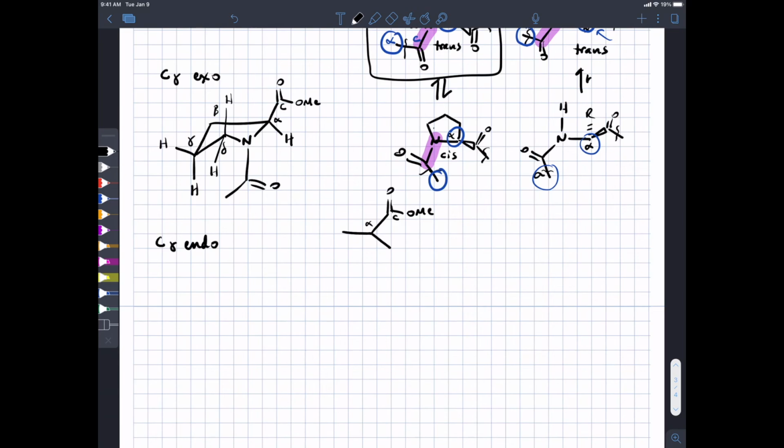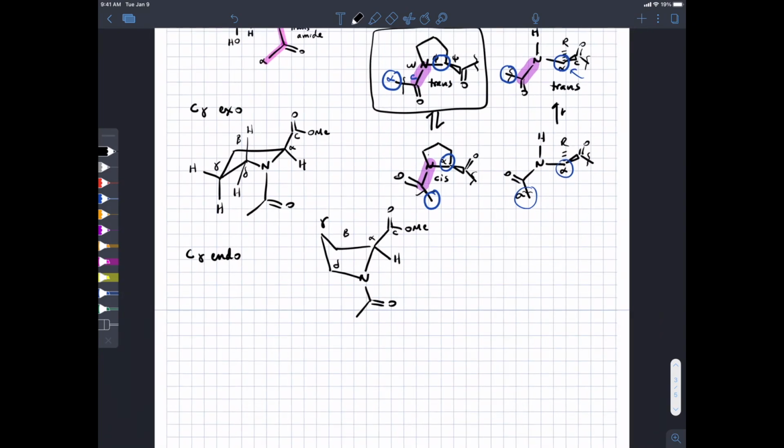Here's our alpha carbon. Here, coming out at us, is the nitrogen that's bonded to an acetyl group. Here's the beta carbon. In the gamma pucker, the gamma carbon is going to be up like this, and the delta carbon is going to be down like this. So it's about whether we swing this gamma carbon up versus down.